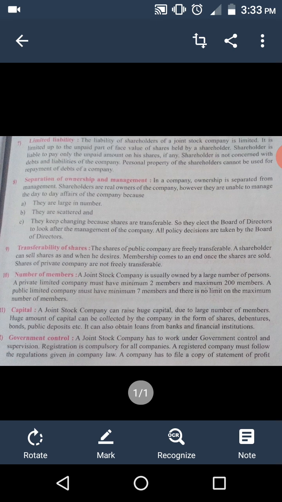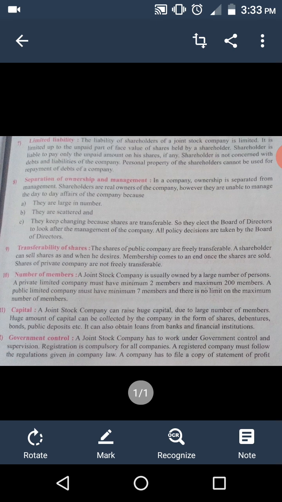First lesson, that's the sole proprietorship, and now we start the second lesson, features of joint stock company. We completed 6 features. So the next feature is limited liability.